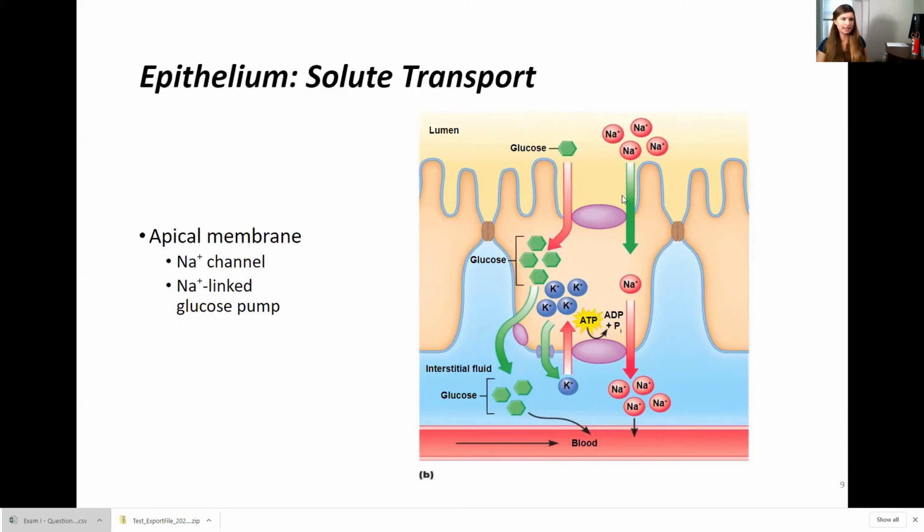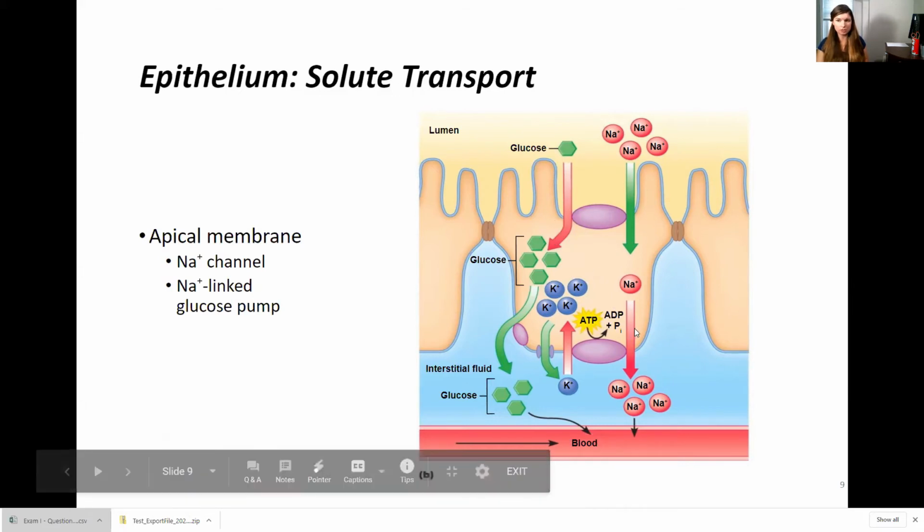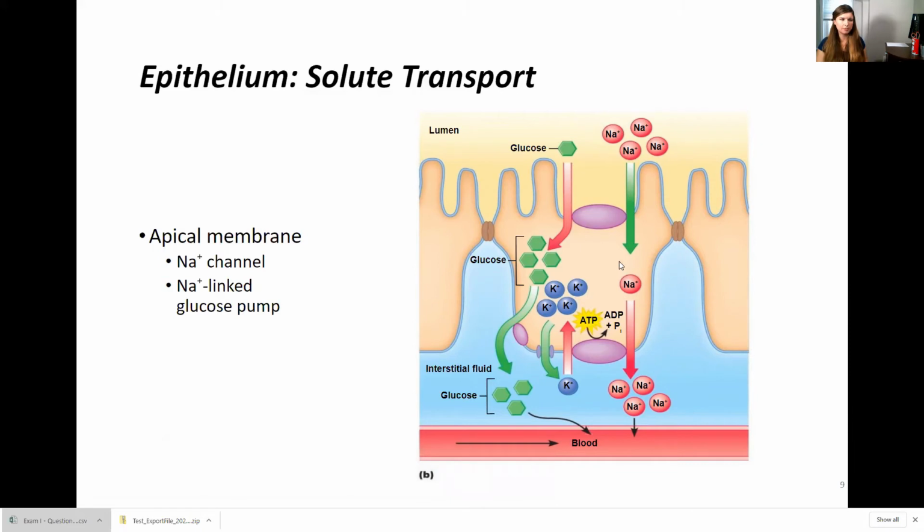So what's happening at the apical membrane is not passive transport of glucose, but active transport of glucose. So we're going to pump glucose against its gradient until we get as much glucose as possible into this cell. The way we do that is that we use the sodium gradient we set up using this sodium-potassium pump. Remember, we ended up, after the sodium-potassium pump was running, with a really low concentration of sodium in the cell.